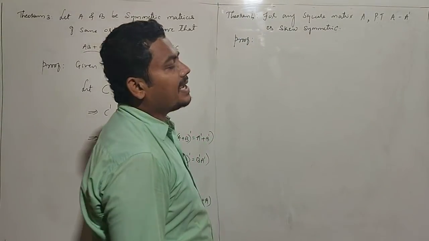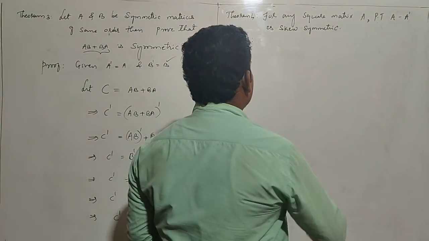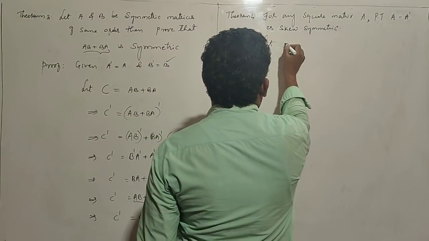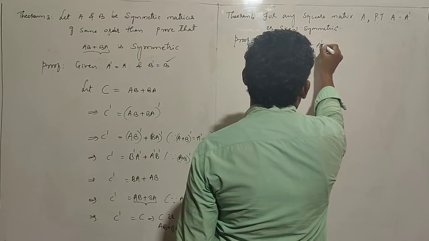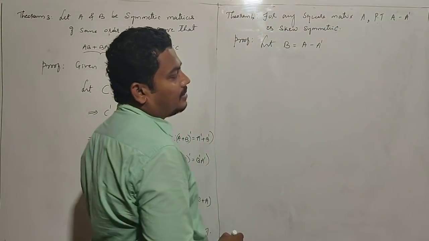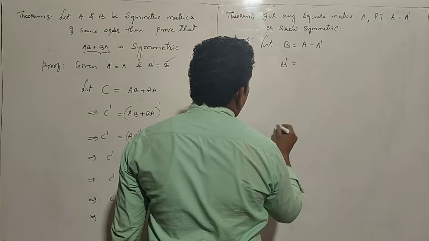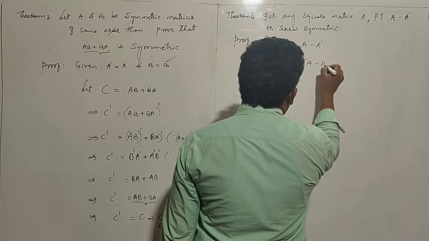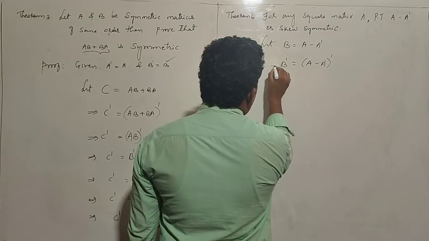Let us take A minus A transpose as one matrix B. Let B equal to A minus A transpose. Taking transpose on both the sides, B transpose equal to A minus A transpose whole transpose.